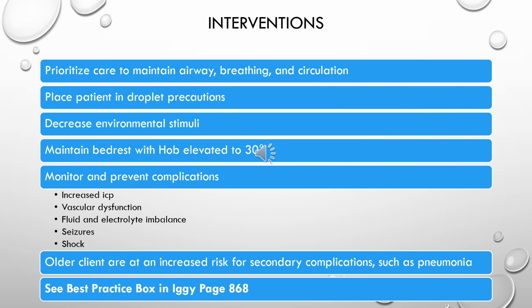Older clients are at an increased risk for secondary complications such as pneumonia, so you want to be monitoring and doing good pulmonary hygiene for those patients. There is a chart in your book on page 882, chart 42-10, from QSEN, on the best practice for patient safety and quality care for the patient with meningitis. It's got a lot of good information, so I would take a look at that as well.